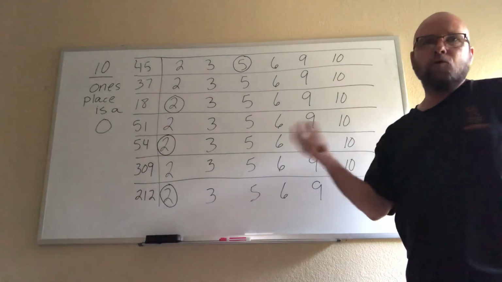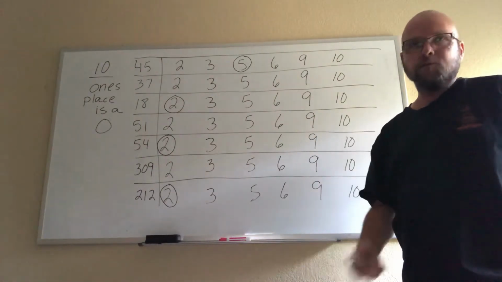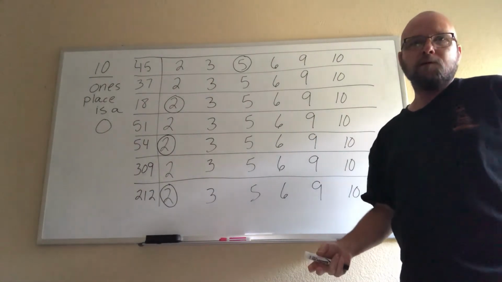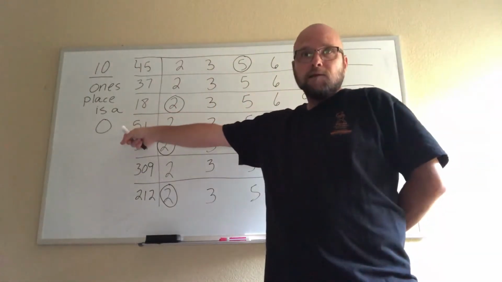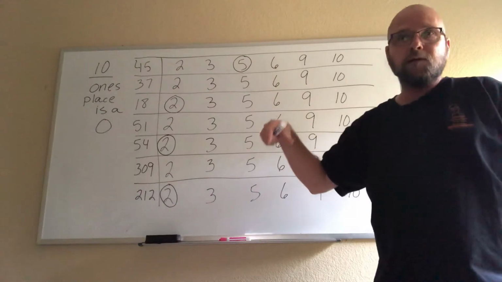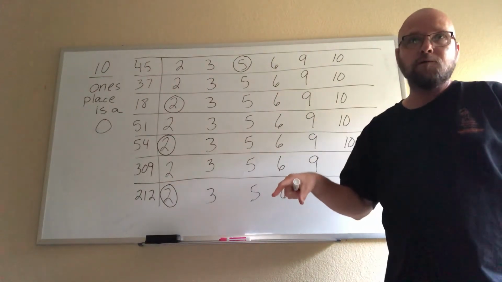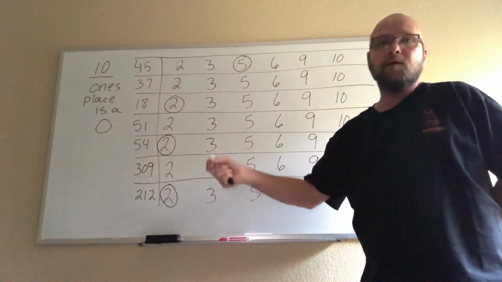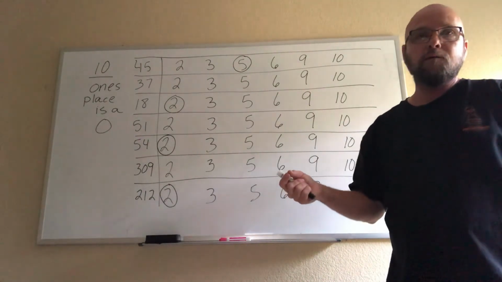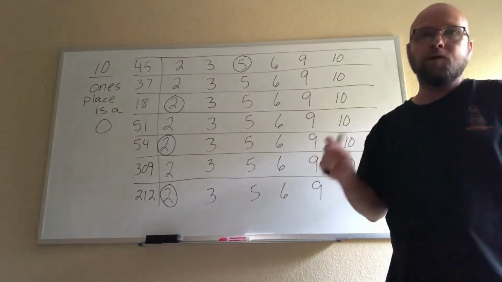And we're only talking whole numbers here. We're not talking decimals or fractions. So if it has a 0 in the ones place, 10 will divide into it without a remainder, or 10 times something will equal that number. Only discussing whole numbers.